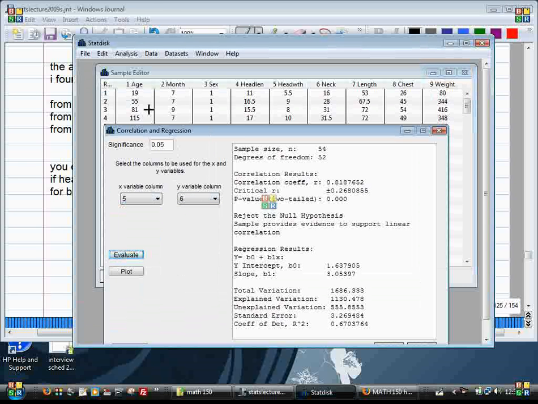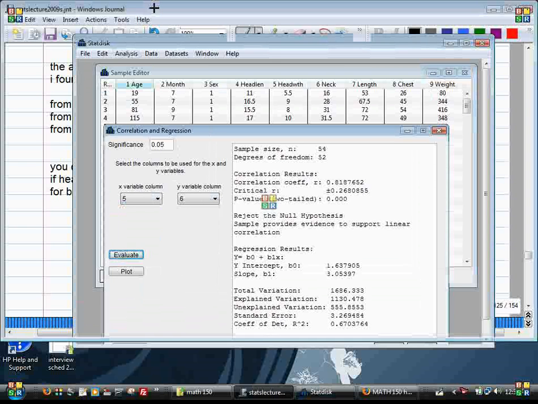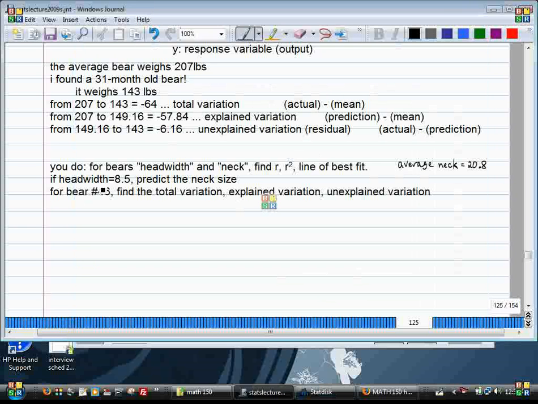So now just pull the values that you need. So for R, you get 0.8188. And what was R squared? 0.6704. Okay, there's R and R squared.